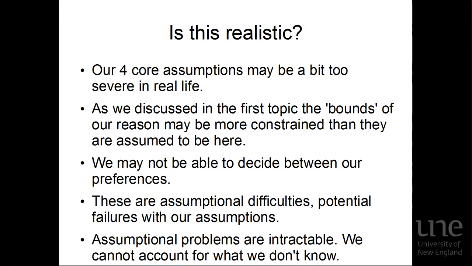Now, these are assumptional difficulties, potential failures with our assumptions only. And we've covered these at length in the lectures on instrumental rationality. You may want to go back and look at that when assessing game theory as well, in particular looking at the flaws the prisoner's dilemma brings out in the last few lectures that Sandy will take.